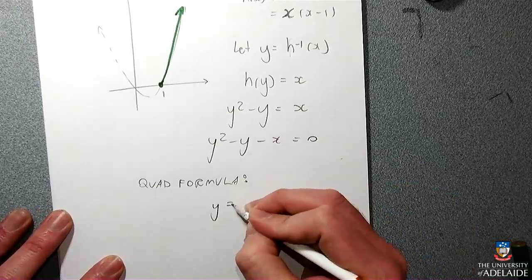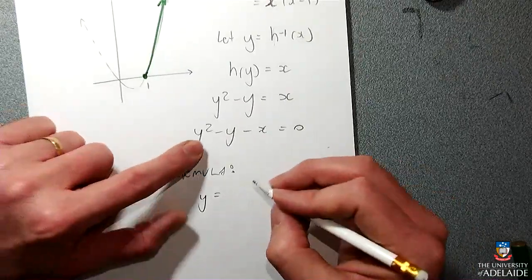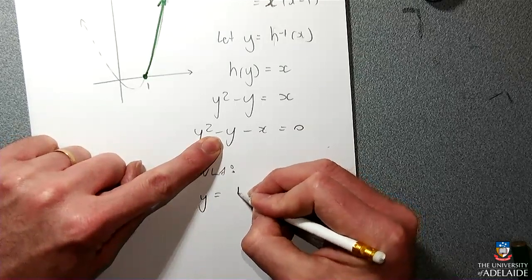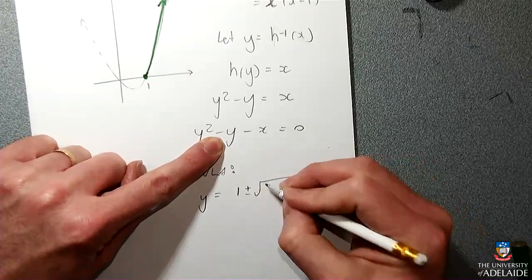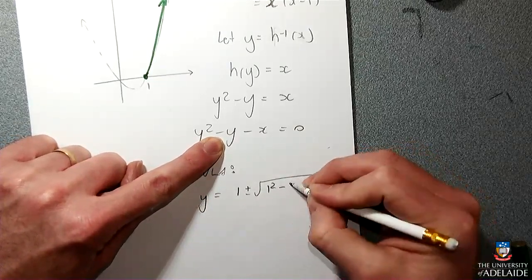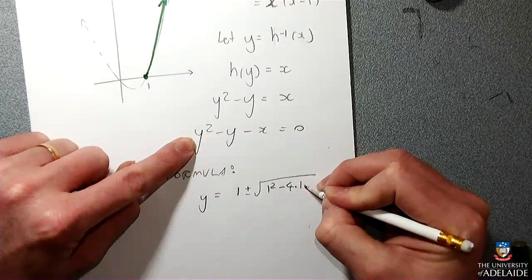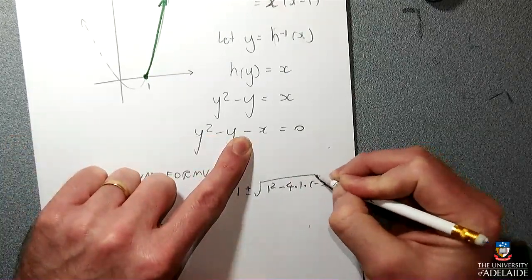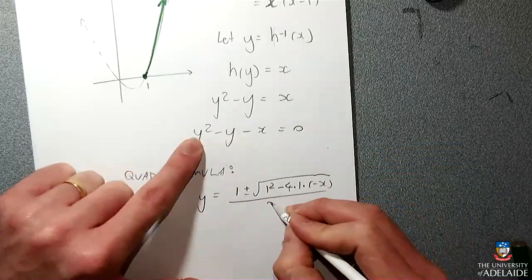So y would be, let's see, minus b plus or minus the square root of b squared minus 4 times a times c, but the c is minus x, over 2 times a.